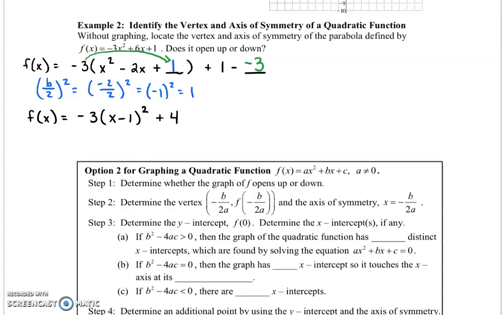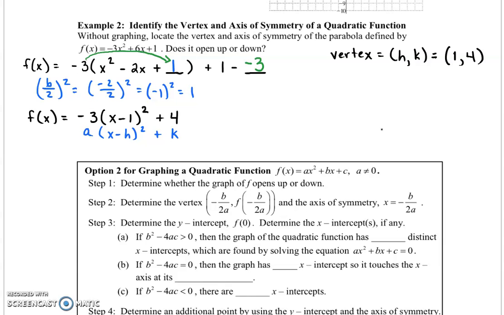So remember, this lines up as a times x minus h squared plus k. So the vertex, remember, is the point (h, k). So our formula says x minus h, so we have x minus, h is 1, and then plus k, so k is 4.